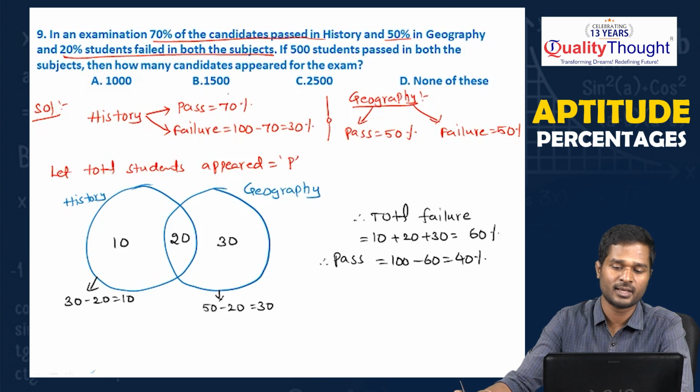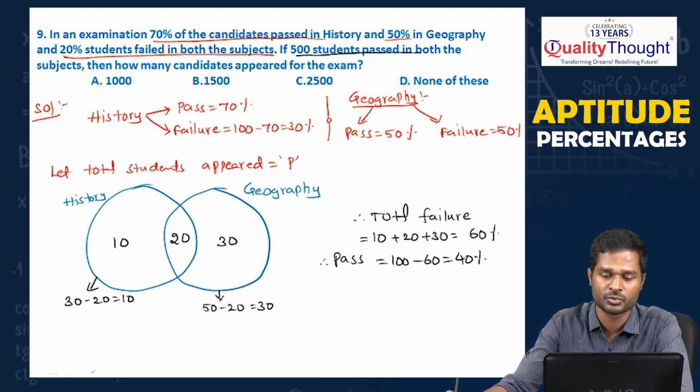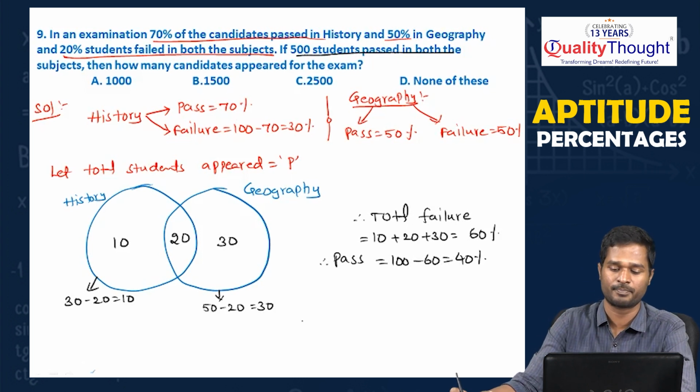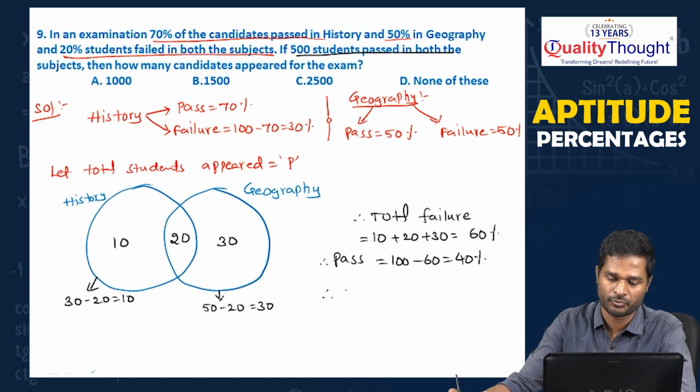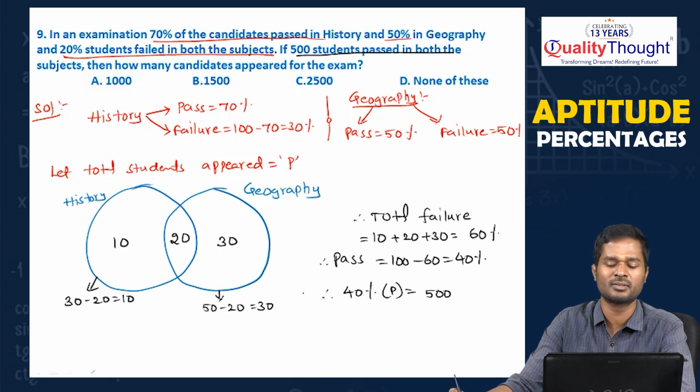But the question says 500 students passed in both the subjects. Therefore, 40% of the total students is 500. What is the total number of students who appeared for the exam?